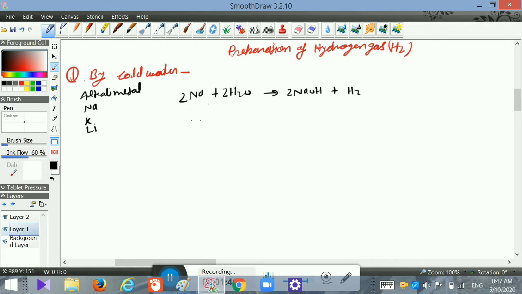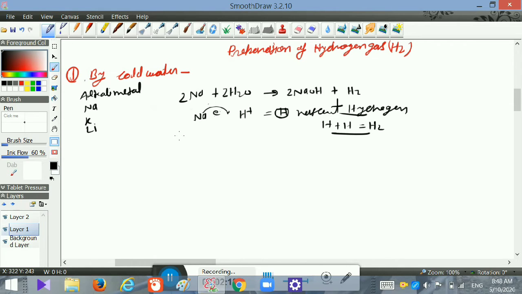Here what happens, one sodium always provides an electron to H plus and it forms nascent hydrogen, and two nascent hydrogen form hydrogen gas. This happens during this reaction.